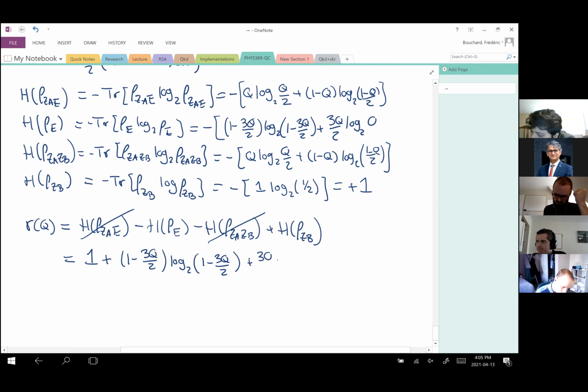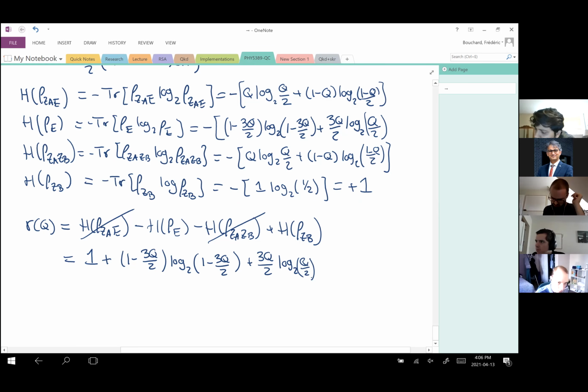3Q over 2. We just want to turn it into a form that is, is that correct? Sorry, there's a over 2 here missing. Okay. Just want to write it in terms of Shannon entropy.